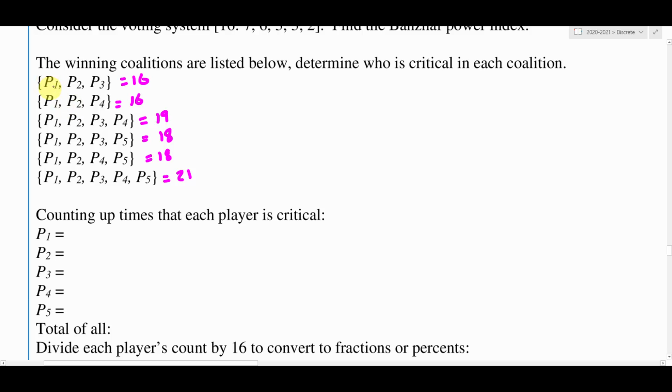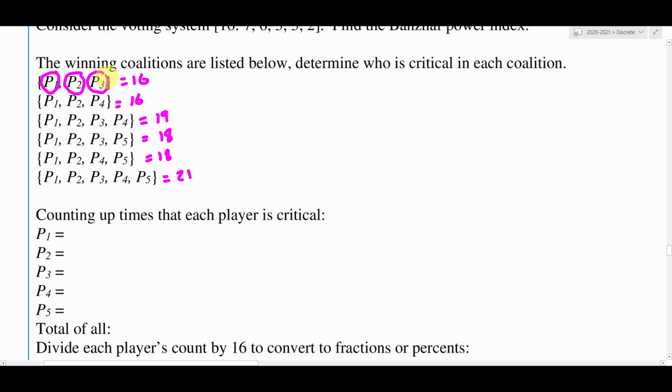For instance, in this coalition, they have a total weight of 16. If player 1 was to leave, they would lose 7 votes, so they would go down to 9 total votes, which is not enough to make quota. So player 1 is critical, and I just circle them. Since their total weight is 16, anyone that leaves is going to drop them below 16, so they are all automatically critical here.